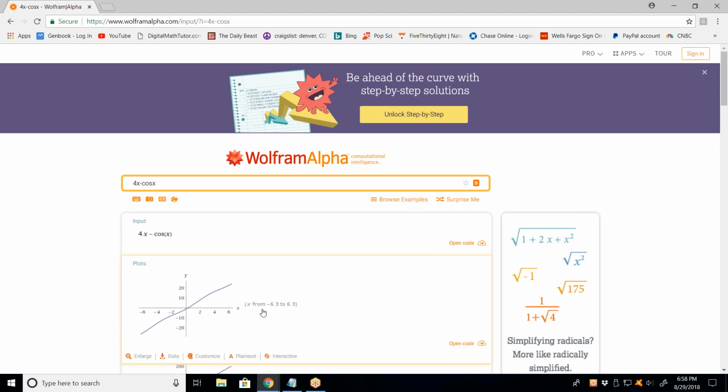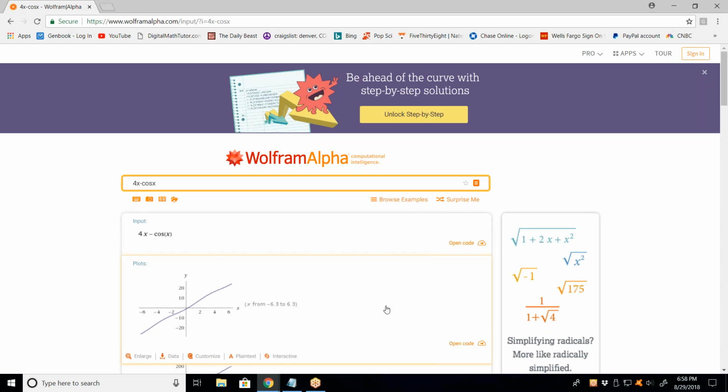And anything beyond that probably isn't going to change much. In other words, cosine x is continuous the whole way. 4x is continuous the whole way. So it would be hard to imagine subtracting a continuous function from another continuous function, not getting a continuous function. You almost would have to.